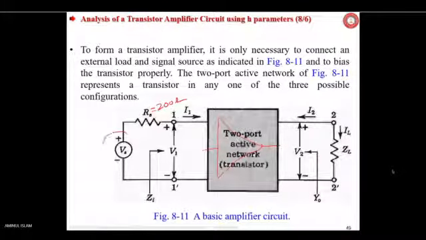And input source was earlier a mic. Here we are writing VS, so voltage source. It is having some resistance, that is RS. And at the output side, what did you consider earlier? Tell me.